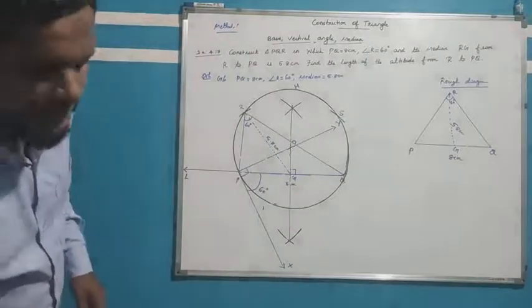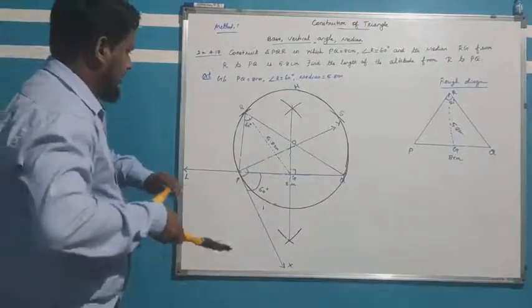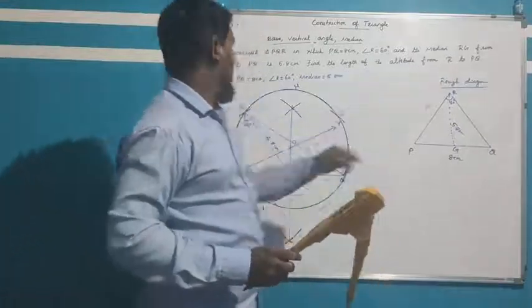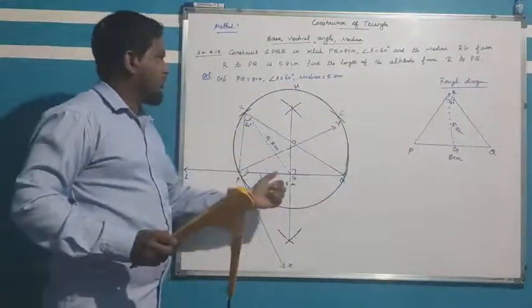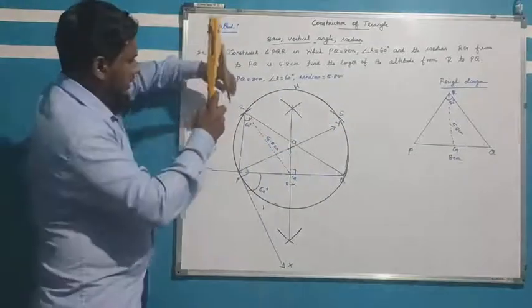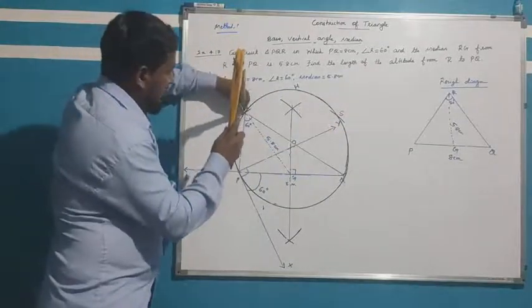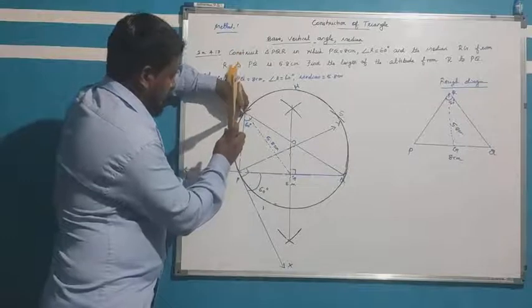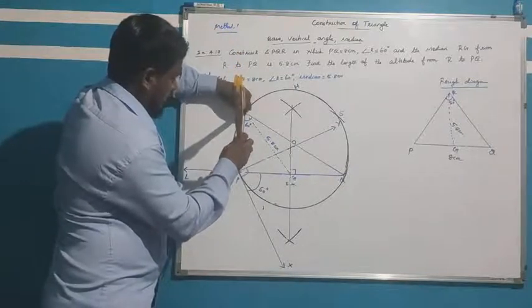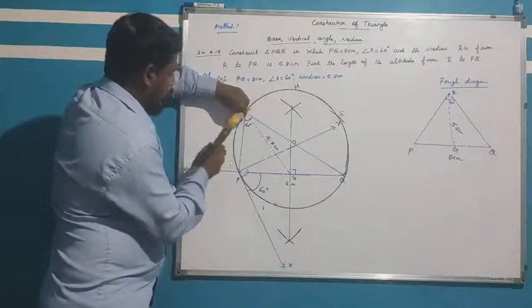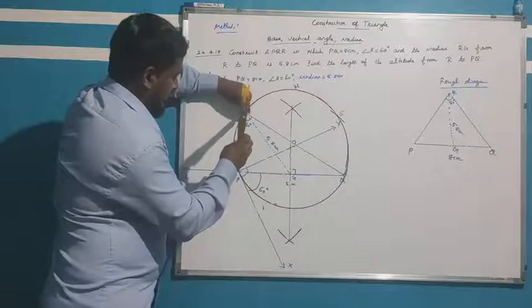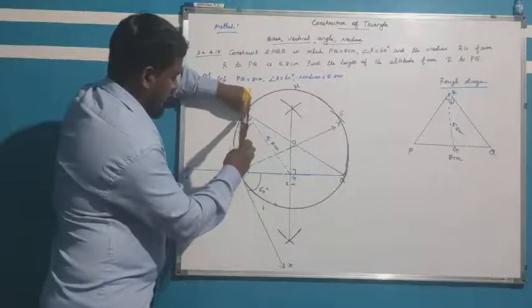Then take the compass in R. From R to PQ, we have to find what the altitude is. So take the compass in R, touch here, and cut an arc here. It is not an accurate value, approximately.